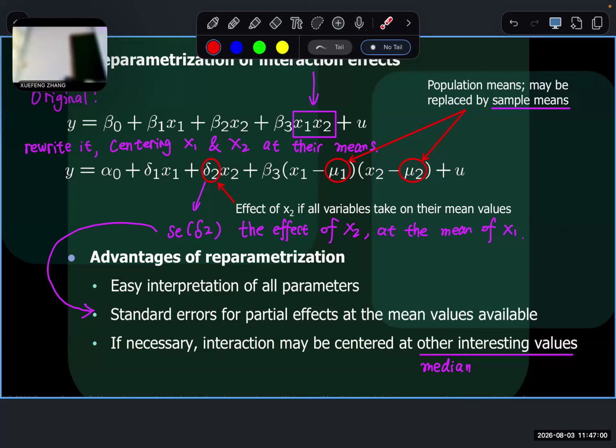What else? Any other functional form that I didn't mention? Interaction.